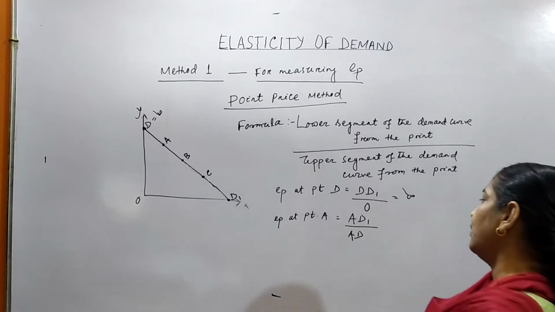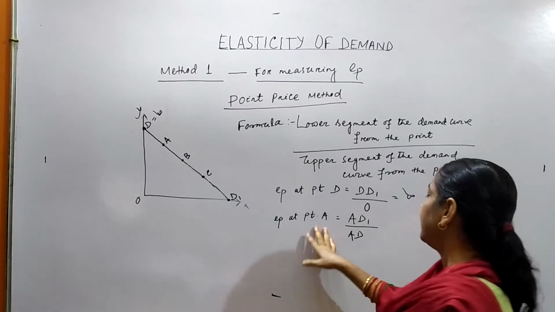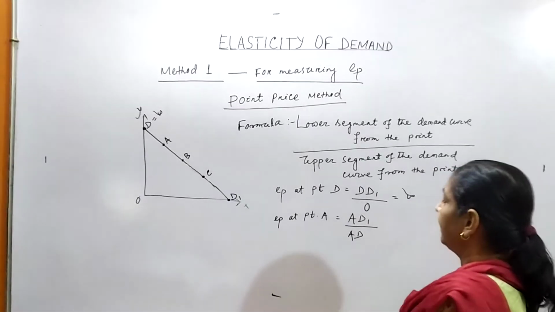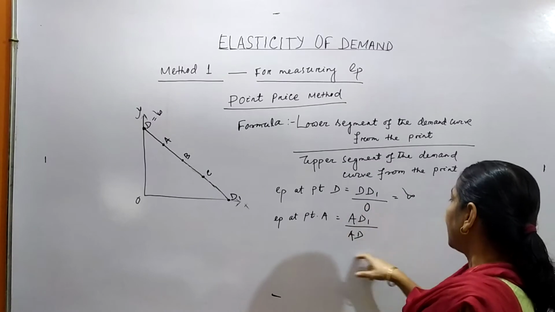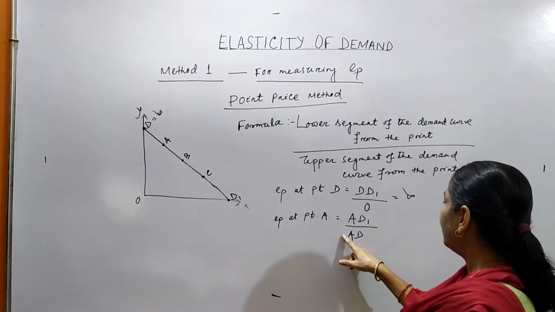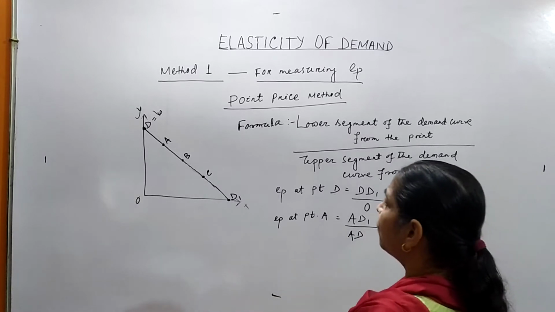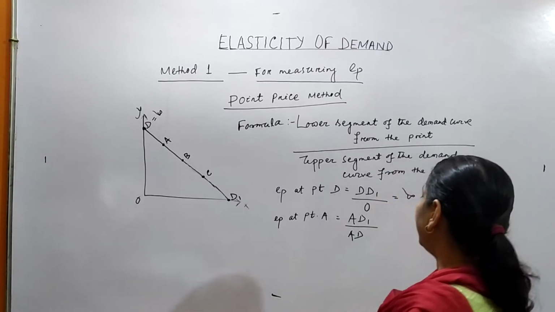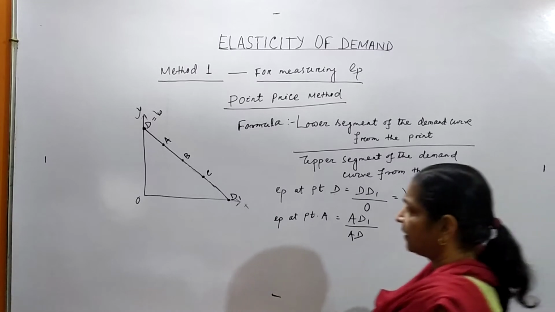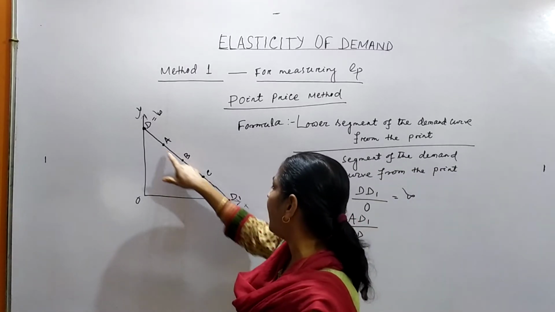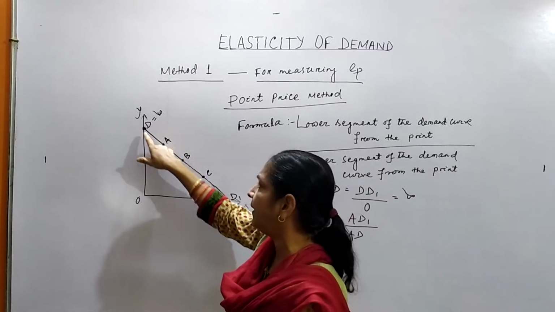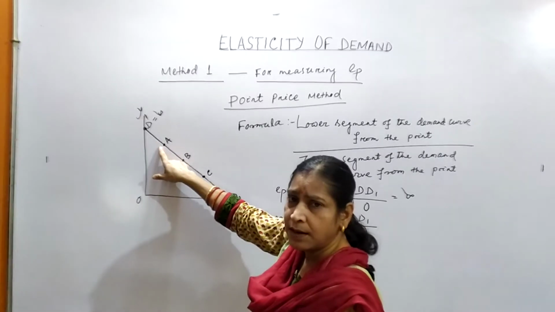Now this is the formula. We have applied the formula. Now we will calculate the value of EP at A. So AD1 by AD. Now we see which is greater, whether AD1 or AD is greater. Obviously you can see that AD1 is greater than AD, as we have seen from the diagram.